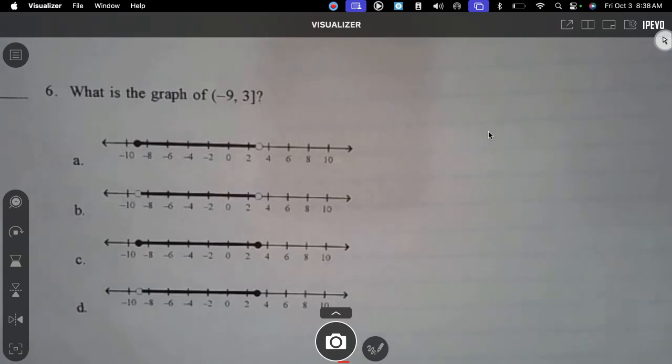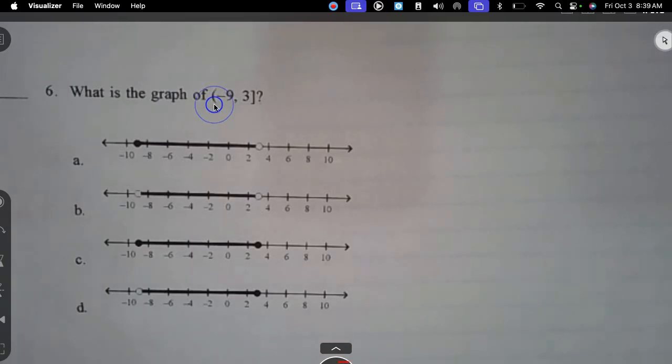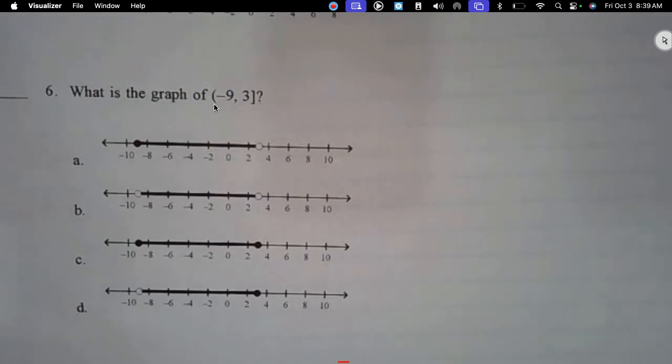Is this an open or a closed circle? Open, because it's not equal to it. So when it's a parentheses, it's an open circle. When it's a bracket, it's a closed circle. So we're saying we are going from -9 open circle to 3 closed circle.